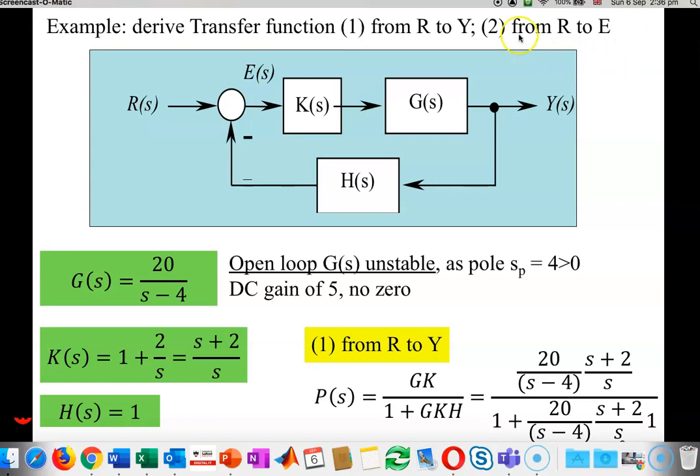Part number 2, I want to find the transfer function from R to E, where E is my control error. In other words, I want to find the ratio of E over R. Okay, first things first, let's see what I have here for the first part.